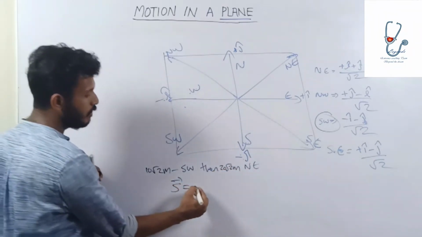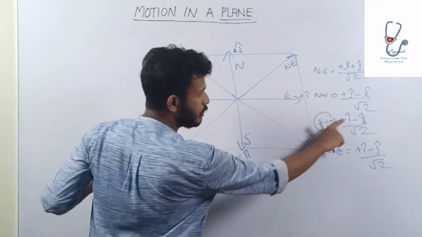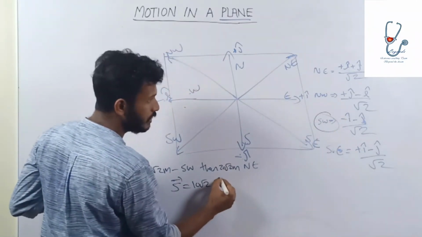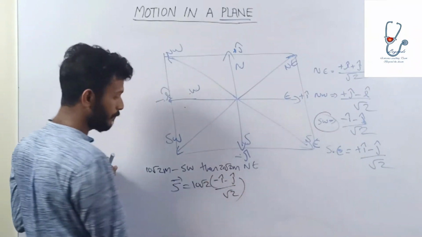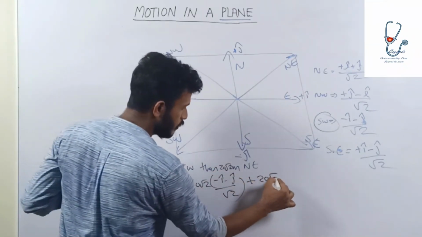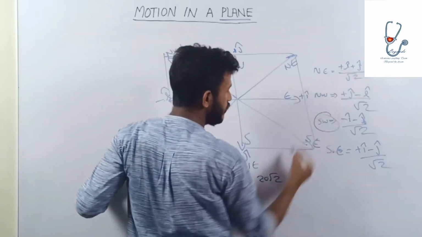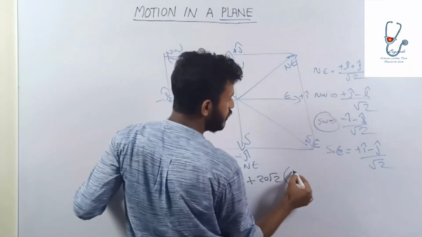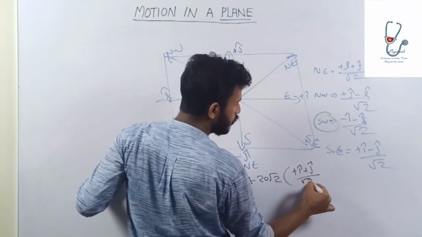So 10 root 2 meter southwest. What is the southwest unit vector? Minus I cap minus j cap by root 2. Then plus 20 root 2 northeast. What is the representation of northeast? Plus I cap plus j cap by root 2.